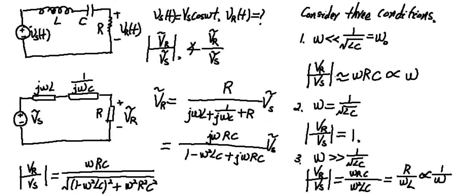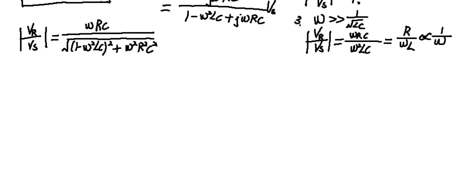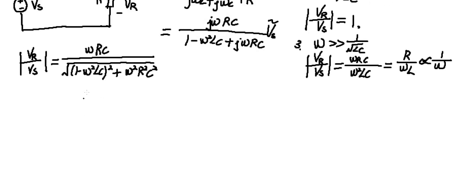So now if we would like to plot graphically the magnitude of the output voltage, let's see how we can do it. Generally, for a magnitude plot, we utilize log-log scale.